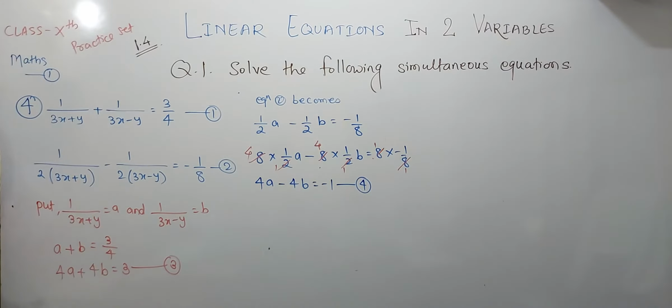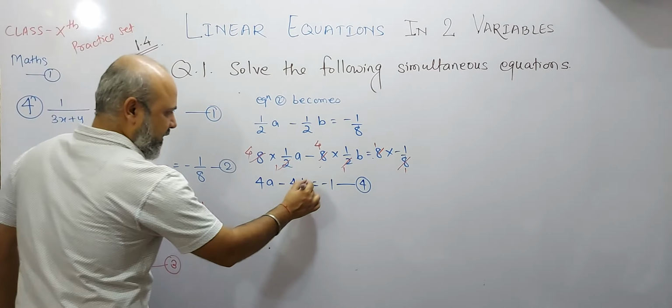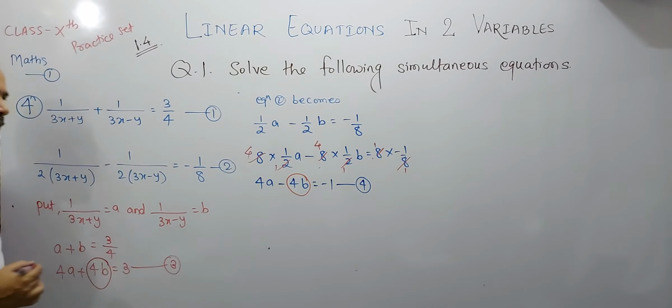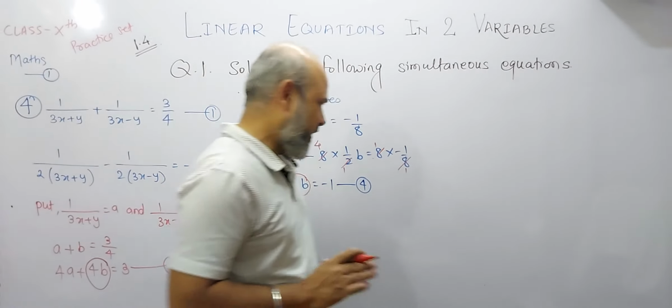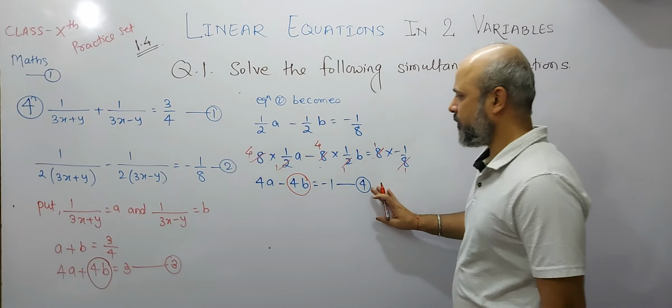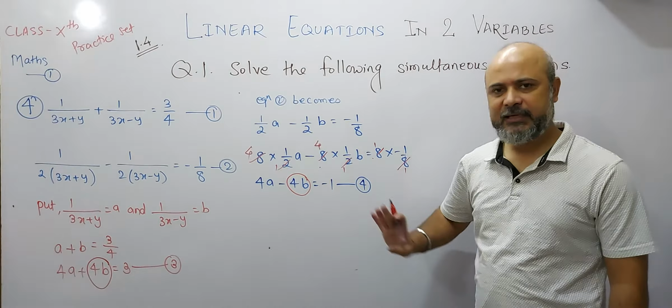Now see equation number 3 and equation number 4. You will get plus 4b in equation 3 and minus 4b in equation 4. So what I want to say is you will add equation number 3 and equation number 4 and the variable b will cancel out.